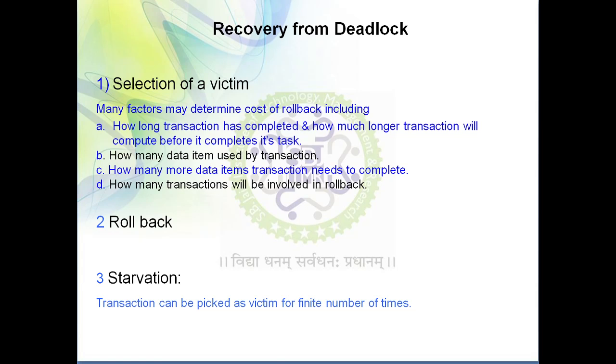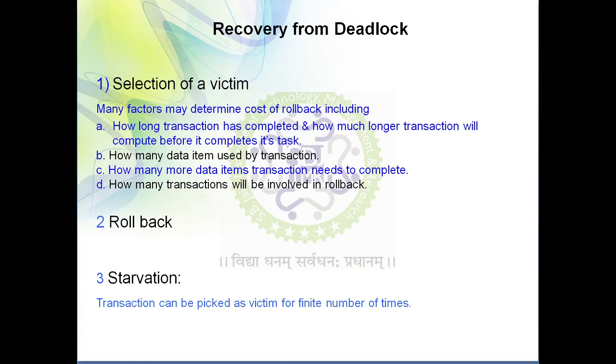Obviously in that case you will select T2 as the victim because it has not executed much and can easily be rolled back. But if we roll back T1, there is a loss because it has already executed for 1 hour. So this is the first factor.